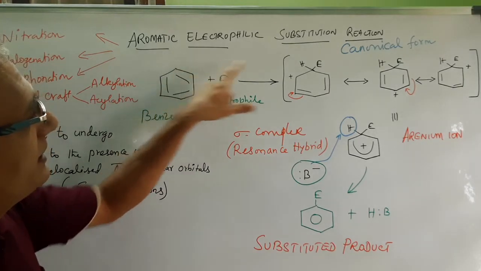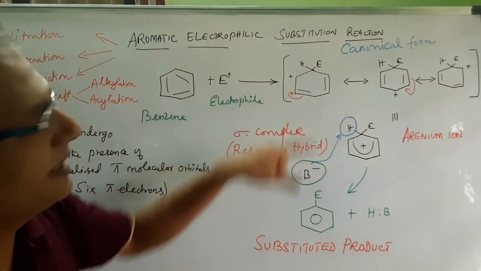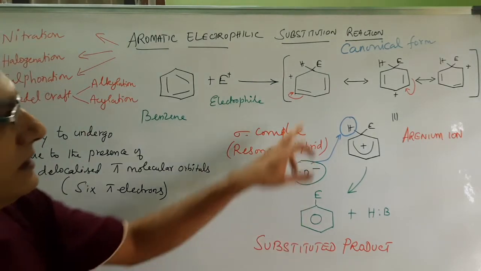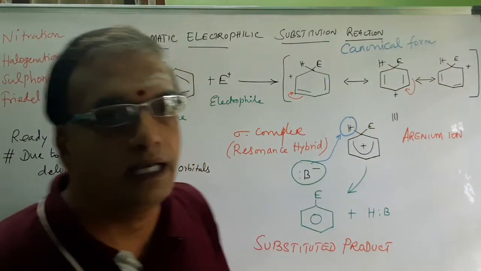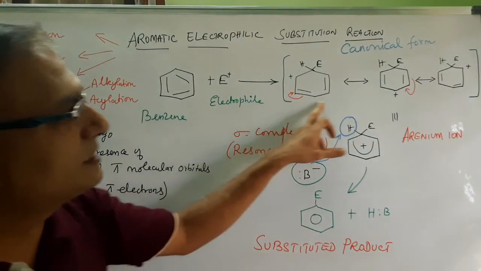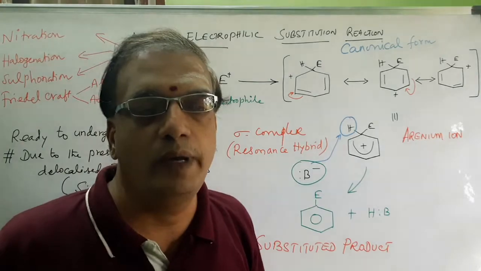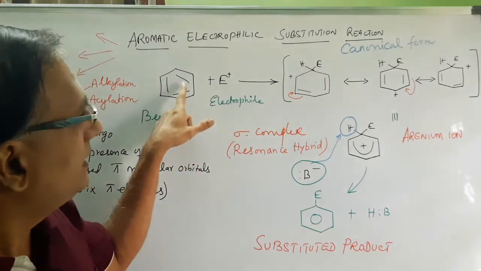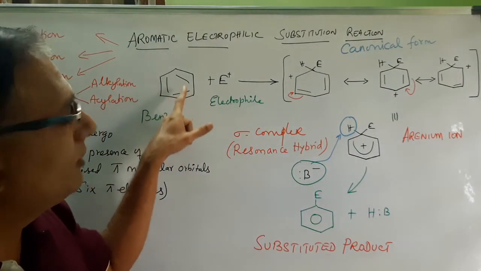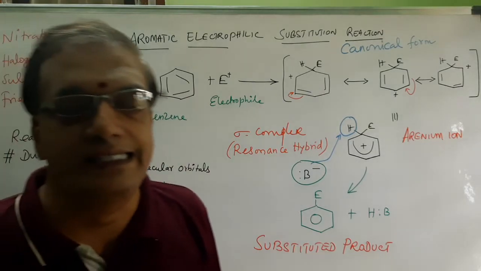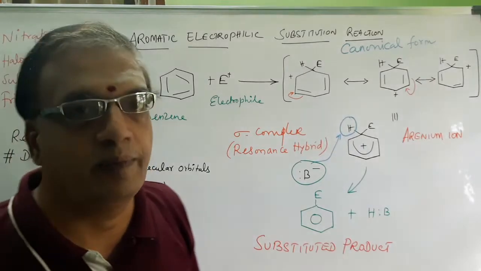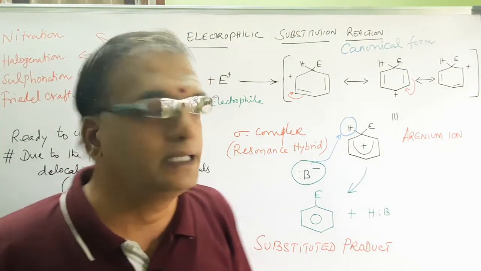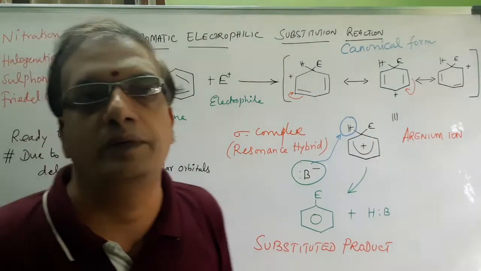So what will happen? There will be formation of the arenium ion. This is called the arenium ion, and these are the canonical forms of the arenium ion, which show the resonance stabilized form. However, due to the loss of the delocalized pi electrons present inside the benzene ring, which are not available in the arenium ion, the arenium ion has lost its aromaticity.